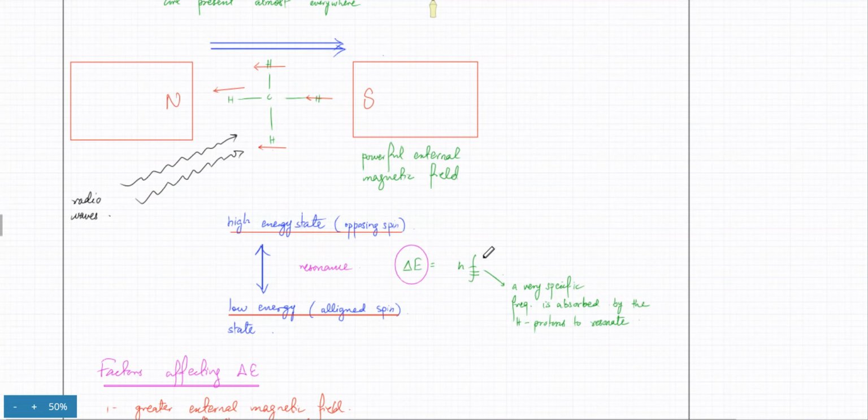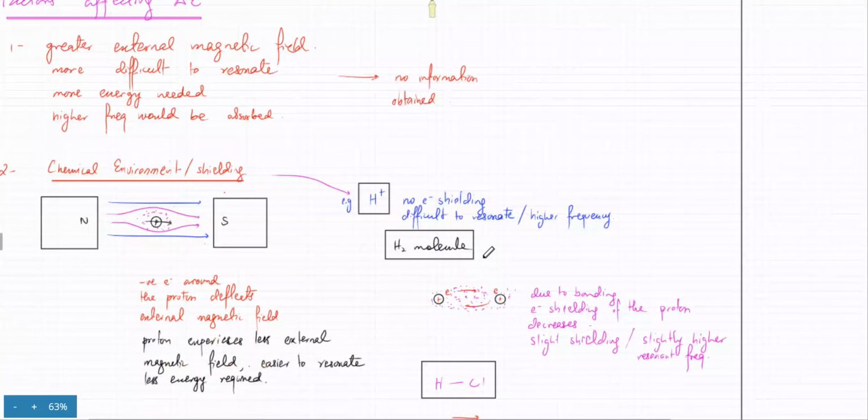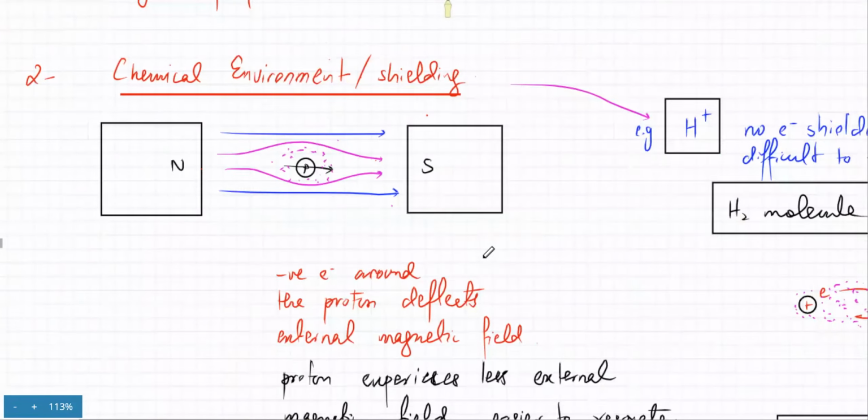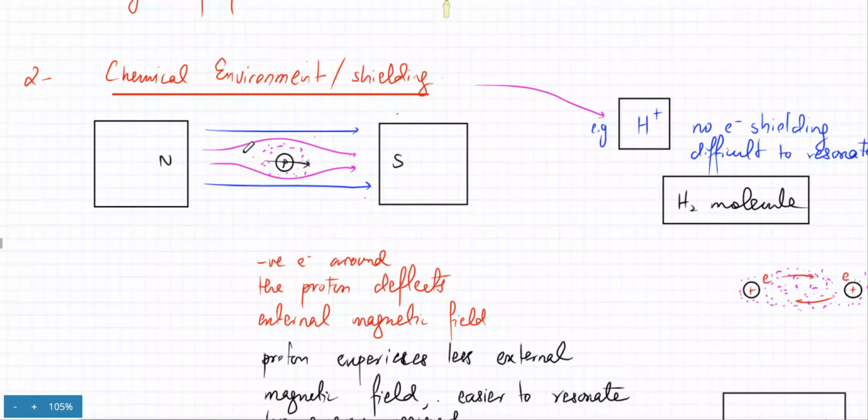The other factor that we talked about was the shielding effect. The proton is not in isolation. The proton is shielded by an electron. A hydrogen proton has exactly one electron around it, and the role of that electron is that it deflects the external magnetic field. It doesn't allow the external magnetic field to come close to the proton. It's shielding it.